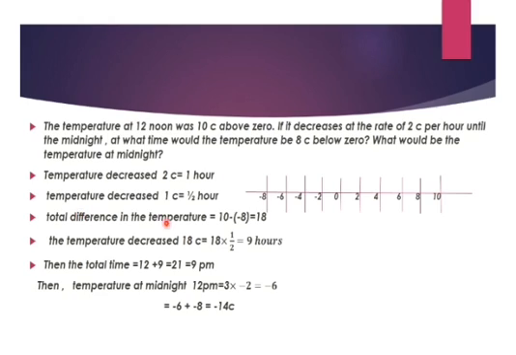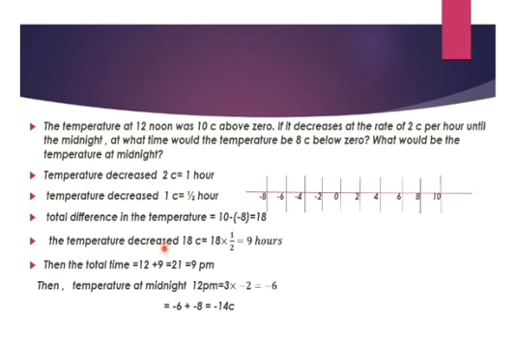Difference is represented as minus. 10 minus minus 8. Minus 2 negatives become positive. We get 10 plus 8, 18. And another way, we can simply find the difference between 10 and minus 8. What's the difference between 10 and minus 8? The difference between 10 and minus 8 is 18.